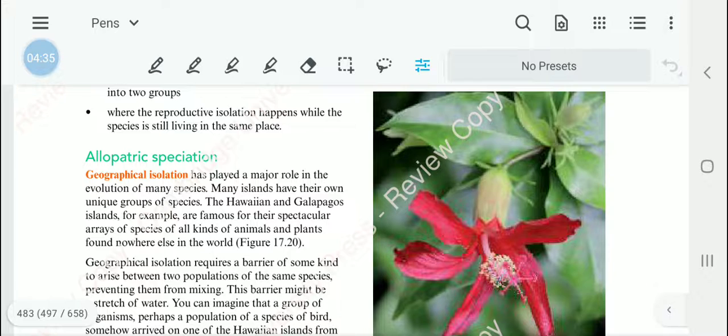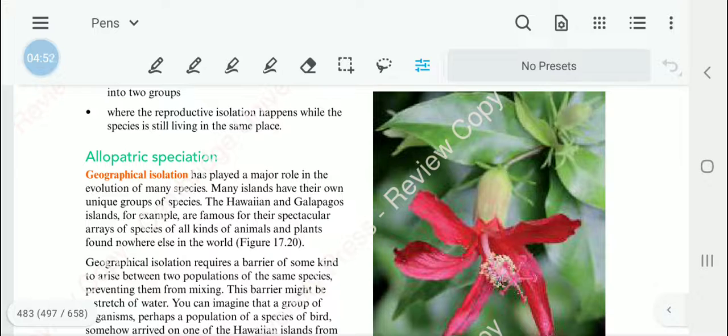Now, geographical isolation has practically been a major way in which evolution has taken place for many animals. For example, the Hawaiian and Galapagos Islands.